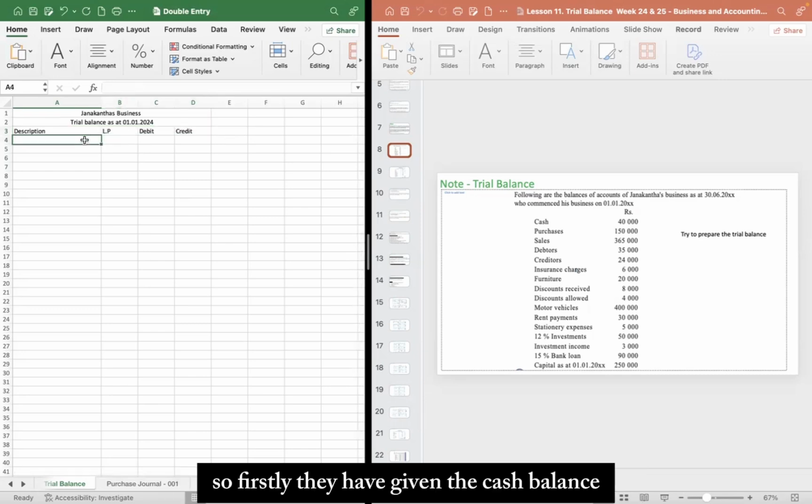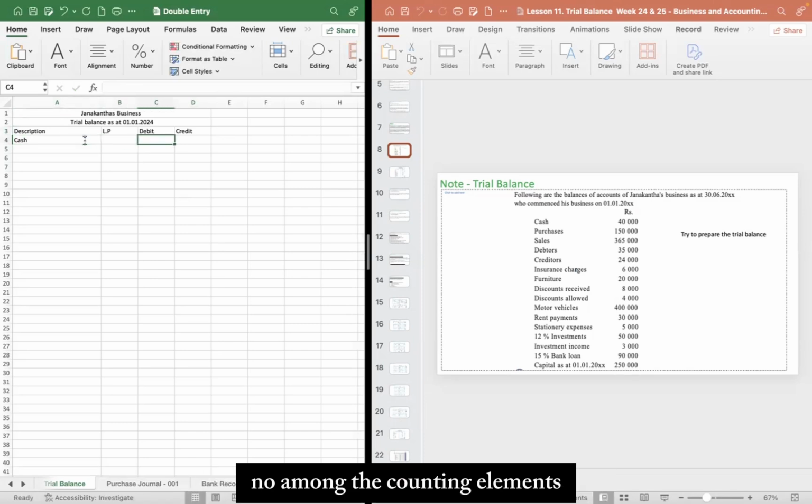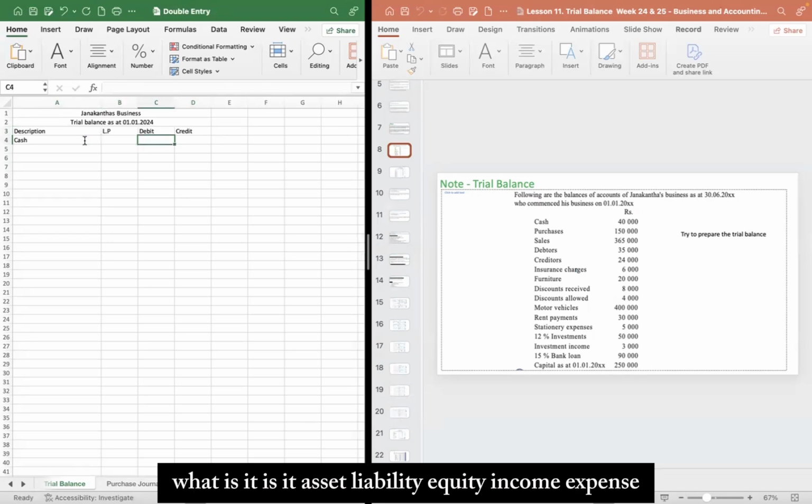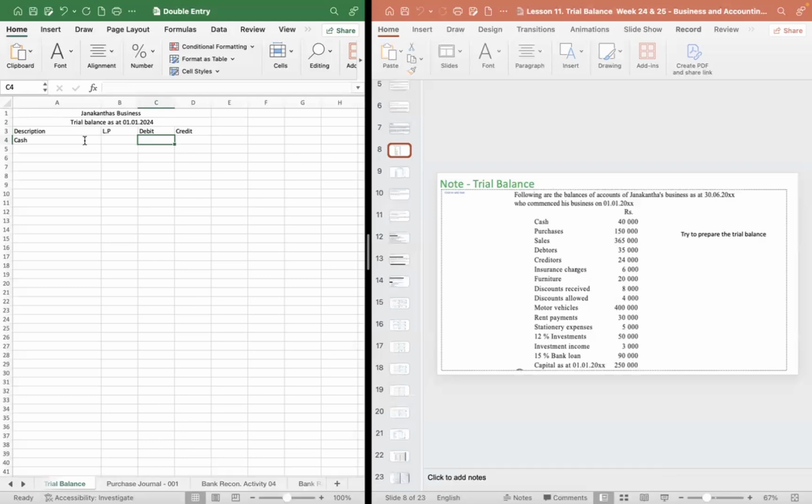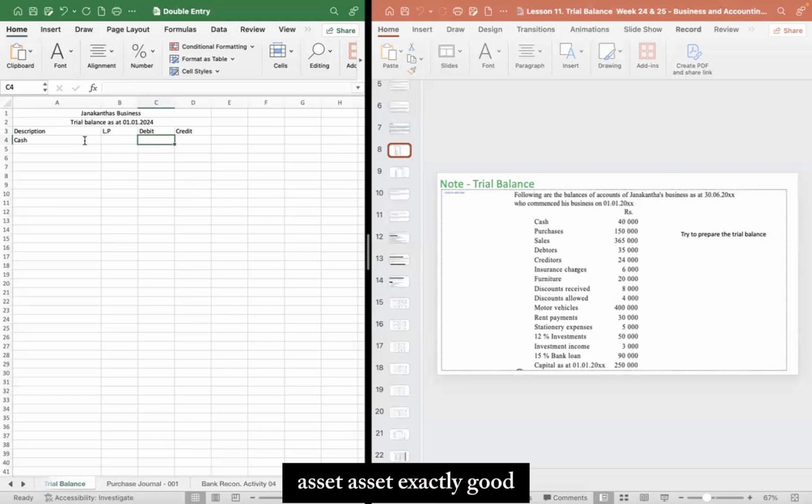Firstly, they have given the cash balance. Now tell me, what is cash? Among the five accounting elements, is it asset, liability, equity, income, expense? Asset, exactly, good. Now, if it is an asset, which balance should it carry, a debit balance or credit balance?